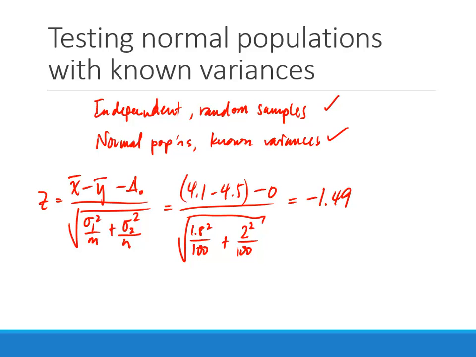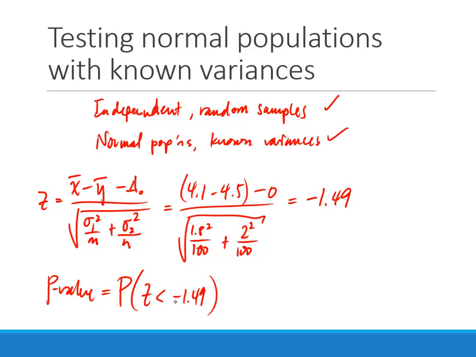Okay, so I have my test statistic. What's my next step? P-value, absolutely. So my p-value, again, I have a standard normal here, and I want to know something about negative 1.49. What symbol goes in, what's my probability that I want to find here? Less than.